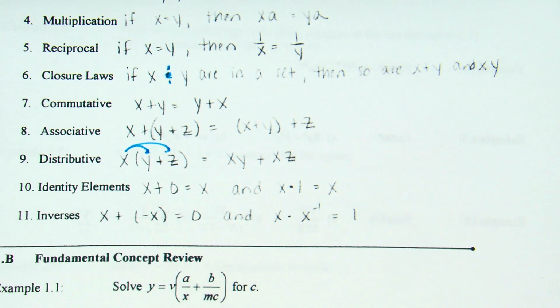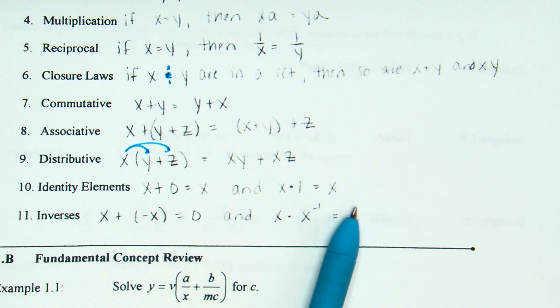And then inverses. So inverses is how do we get the identity? In terms of addition, how do you get 0? You add a number and its opposite, or negative. In terms of multiplication, how do you get the identity of 1? Well, you multiply a number.